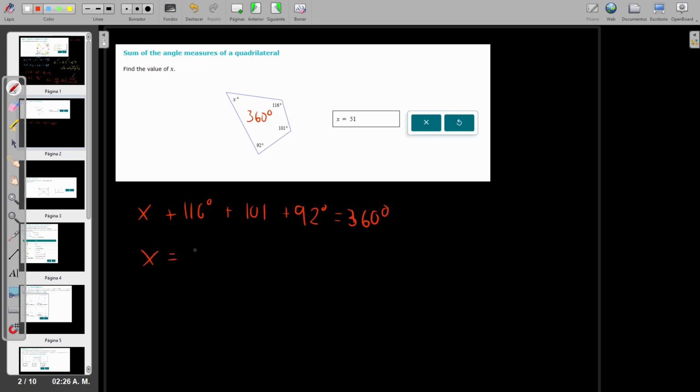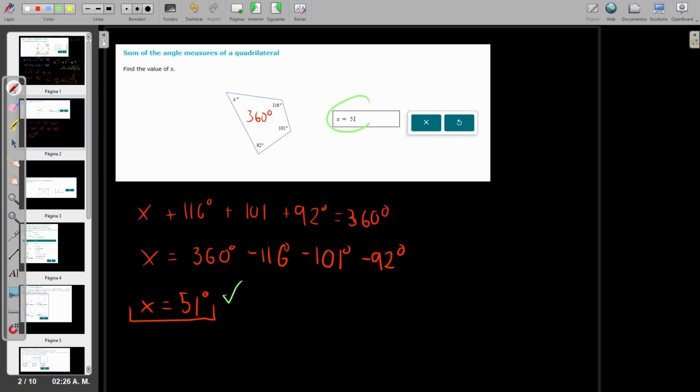So x is going to be 360 degrees minus 106 minus 101 degrees minus 92 degrees. Okay, so solving this operation, x is going to be 51 degrees, which is the answer to this one.